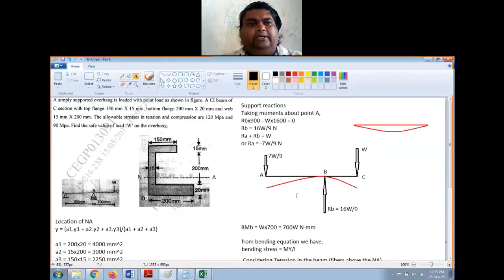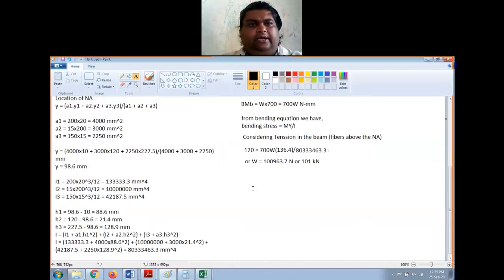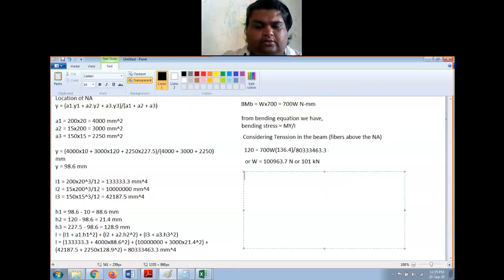There is one more criterion, that is compressive failure. So using that, I will calculate again, considering compression in the beam, that is in the fibers below the neutral axis.